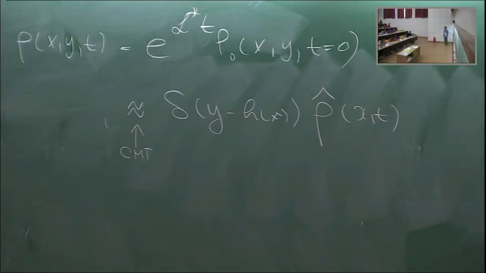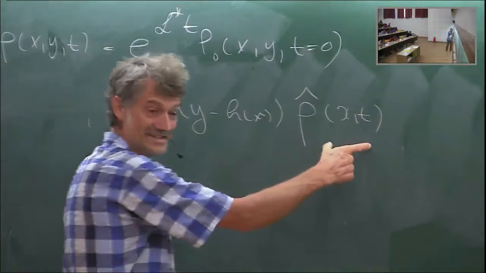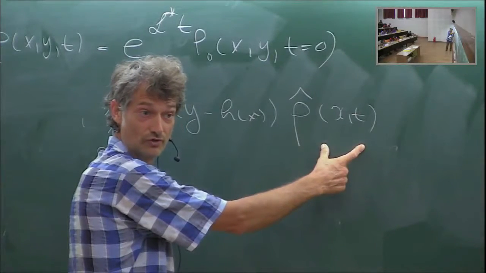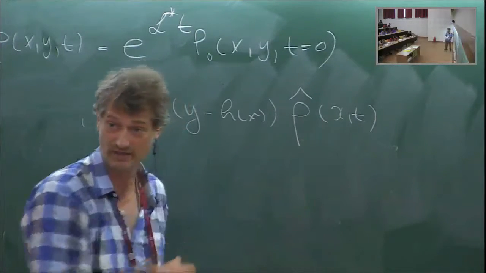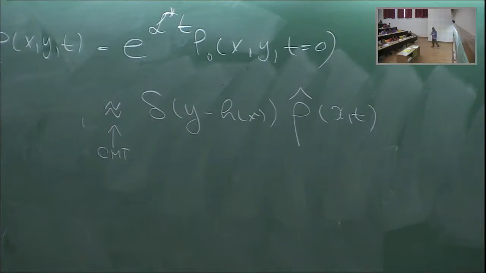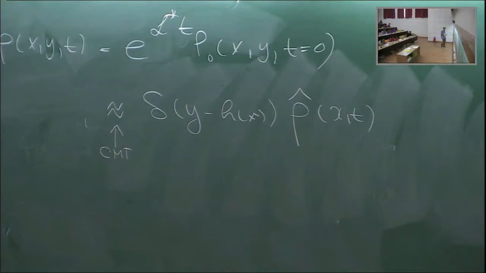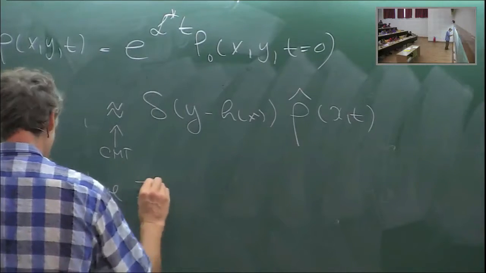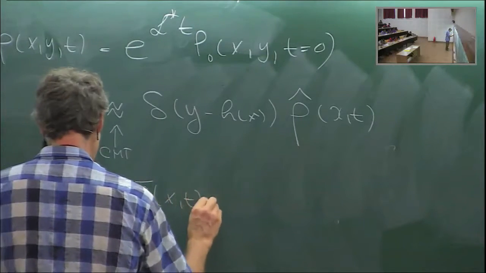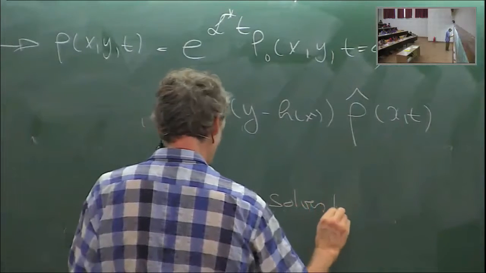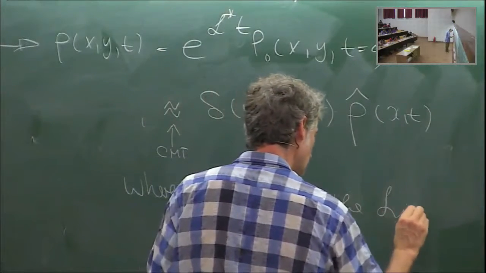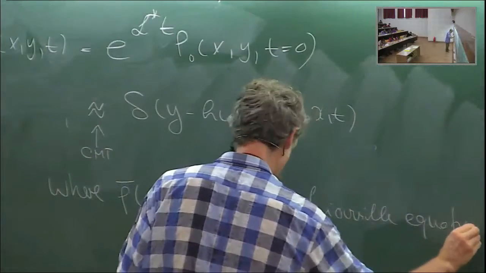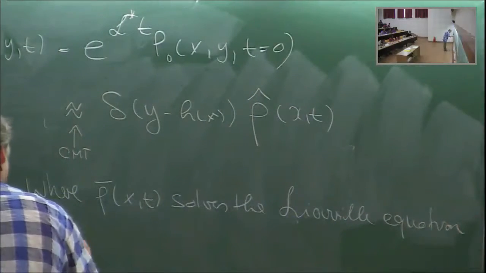So also for the density, we can now find a reduced equation. So a reduced Fokker-Planck equation, reduced Liouville equation in this instance. Sorry, Liouville equation. So where rho hat of x and t solves the Liouville equation associated with the reduced dynamics.